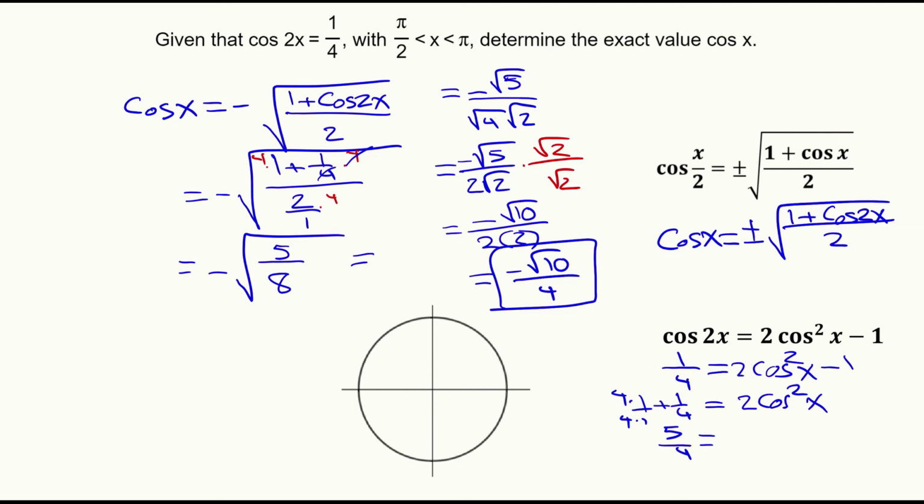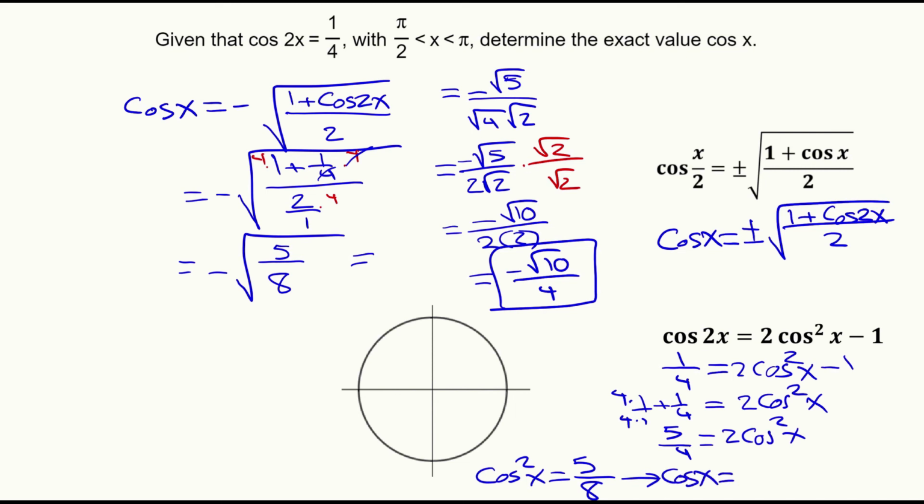And we have 5/4 equals 2 cosine squared x. So we end up with cosine squared x equals, multiply both sides by 1/2, you get 5 over 8.